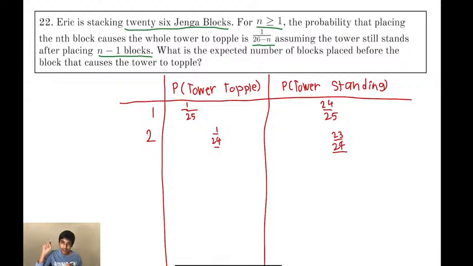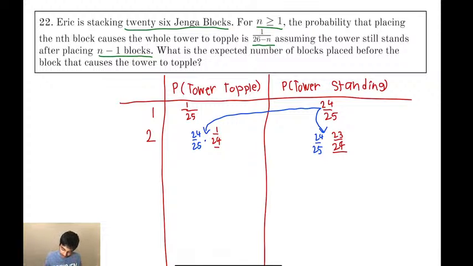Except, in order to have the second block keep the tower from toppling, we need the first block not to topple. So we need to multiply 24 over 25 times 1 over 24. The reason is that we can only place the second block if the first block remains standing. So there's a 24 over 25 chance the first block is placed without toppling the tower, and then from there a 1 over 24 chance the second block will topple.